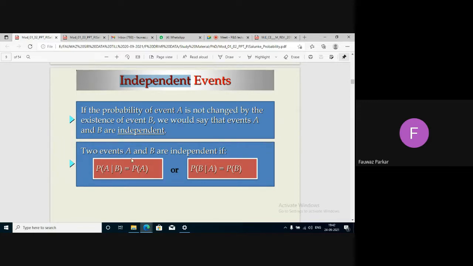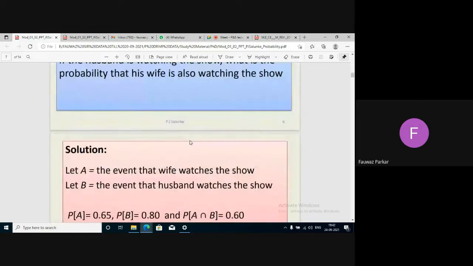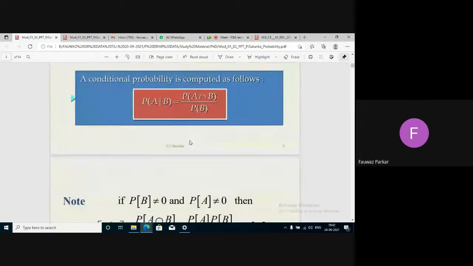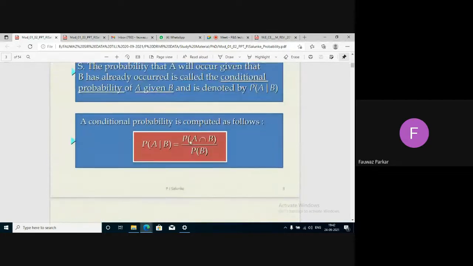Simply, two events A and B are independent if the probability of A given that B has occurred is the probability of A. If you see the conditional probability formula, then if they are independent, we can easily write P of A into P of B in the numerator.